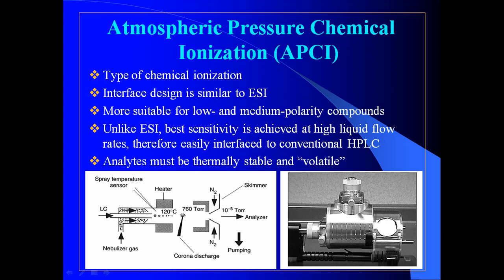A flow of auxiliary gas sweeps the sample mist through the quartz vaporizer tube to the region in the ion source past the corona discharge needle, where the sample molecules are ionized. The mist or very fine droplets move by the action of gas to where the sample is ionized.